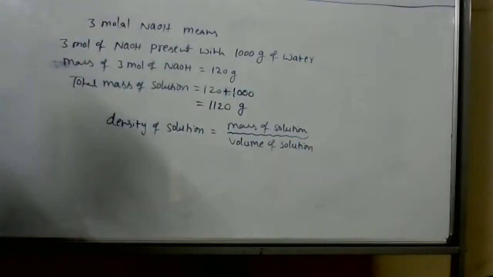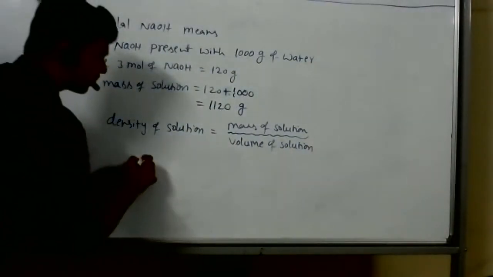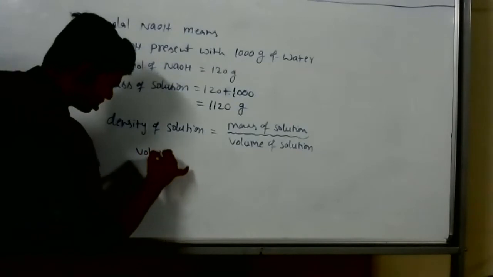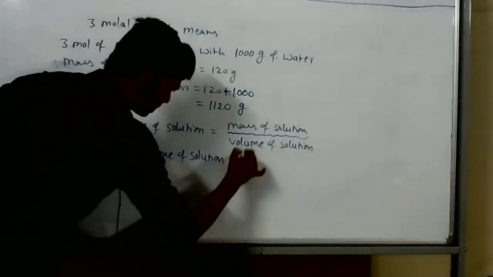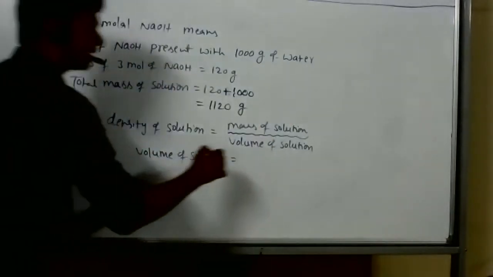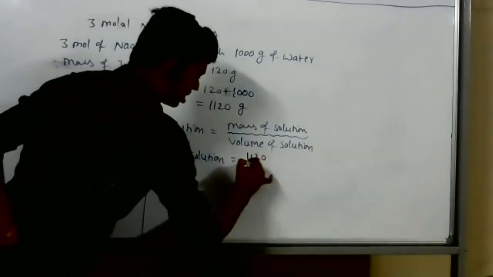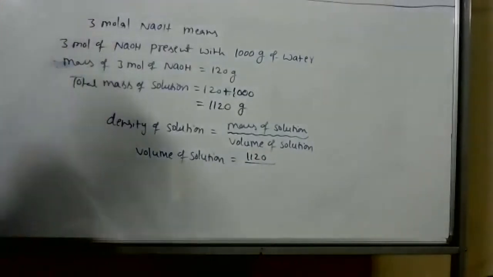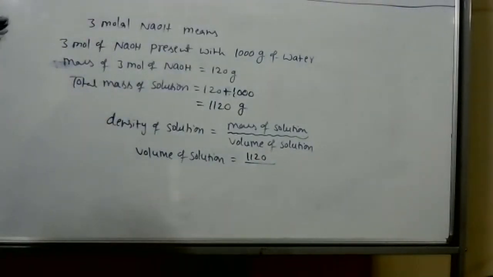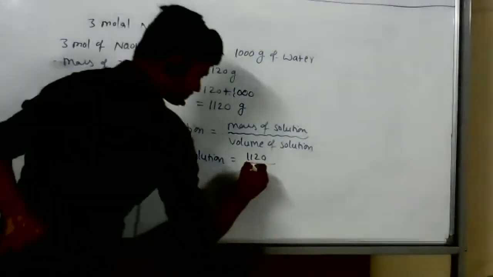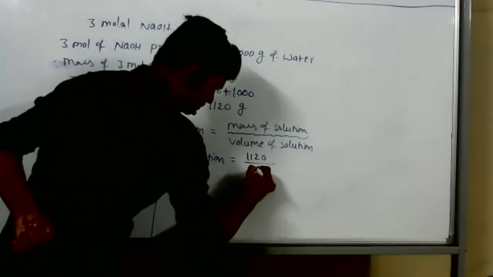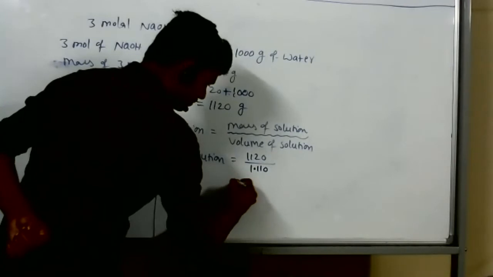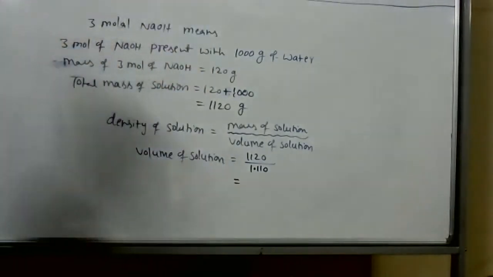The density is already given in the problem. So volume of solution is equal to mass of solution, 1120, divided by density of solution, 1.11. Calculate the volume of solution here.